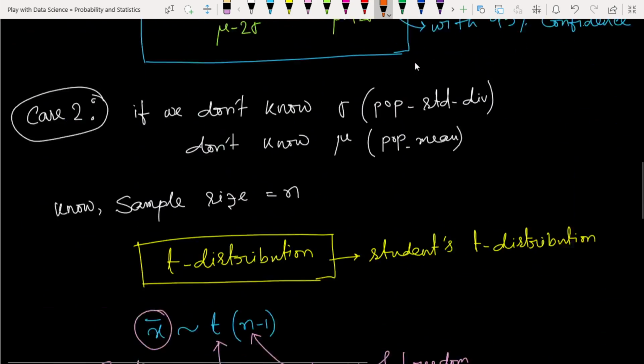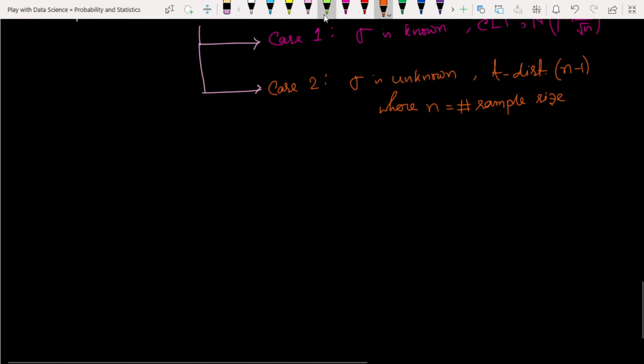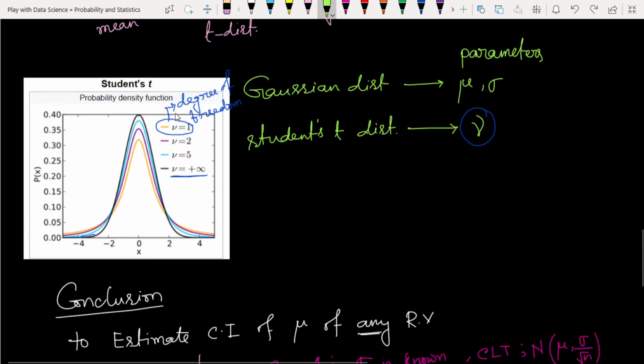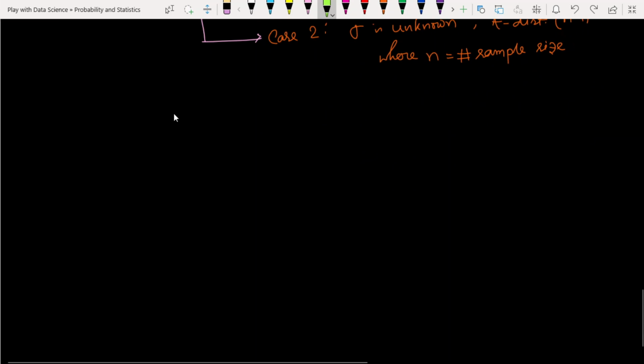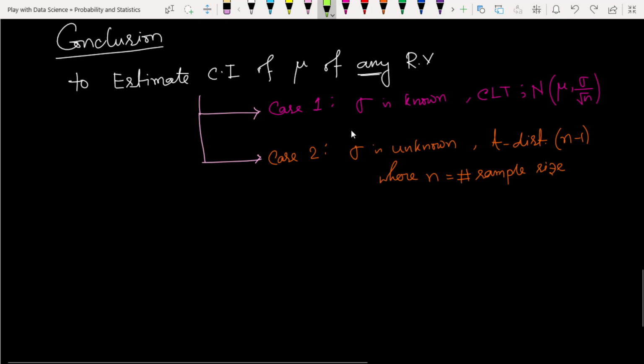Now the question that comes to mind is: okay, everything is fine, we will learn how to find the confidence interval of the population mean, but how will we find the confidence interval of the standard deviation, of our median, of our percentiles?